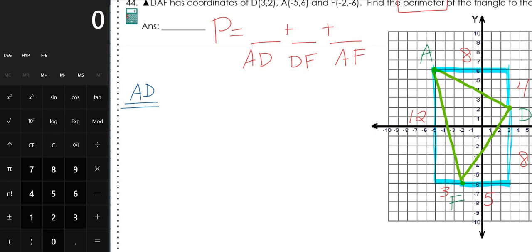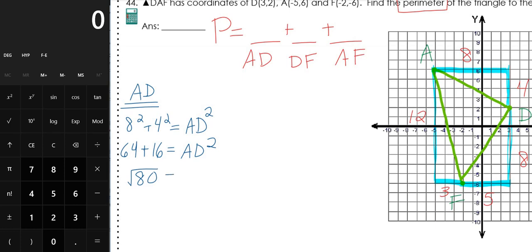I'm going to do 8 squared plus 4 squared equals, and I'm going to be fancy and write AD squared. 8 squared is 64. 4 squared is 16 equals AD squared. 64 plus 16 is 80. Take the square root, and that's going to leave me with the length of AD. Square root of 80. Let's keep chugging along.